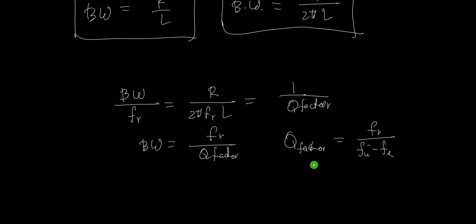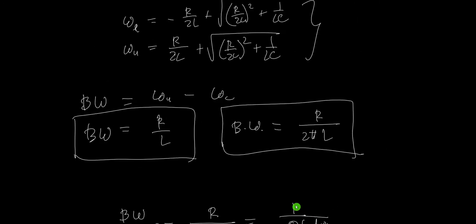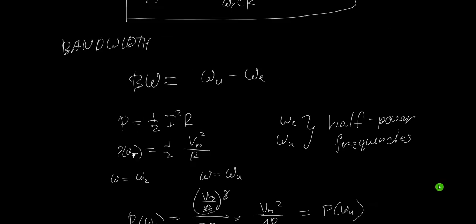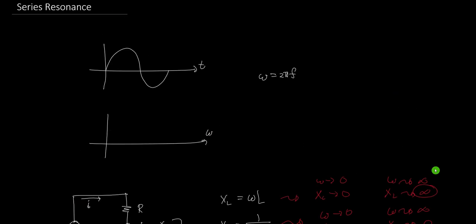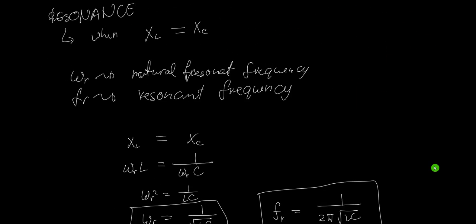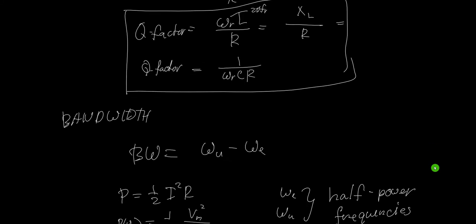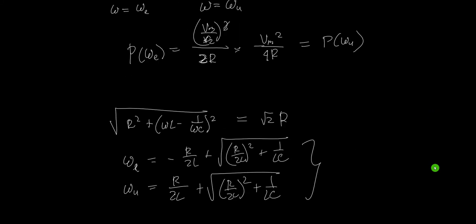So this is the relationship between the two parameters. So this is series resonance. This is only for the series resonance, and for the parallel, we will talk about that in the next video.